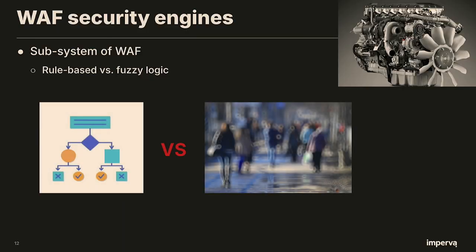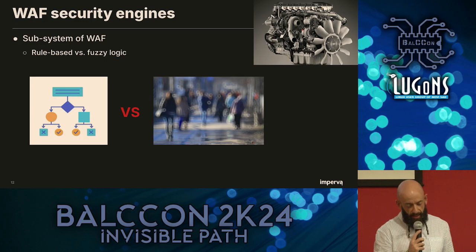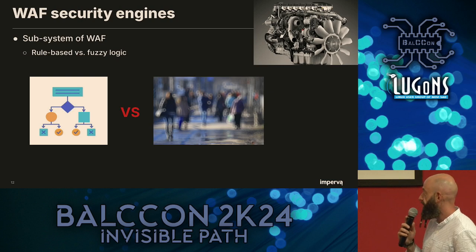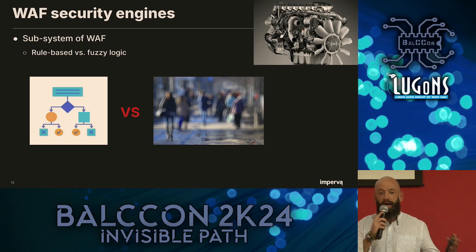The interesting thing about WAF that is relevant to our talk is the security engines. The security engine is a subsystem of almost every Web Application Firewall, and it is divided into several types. It can be rule-based, and it can be fuzzy logic, and by the way, it can combine both solutions.